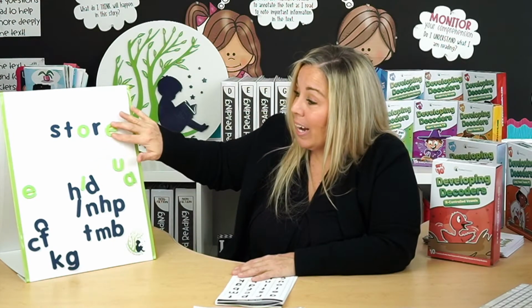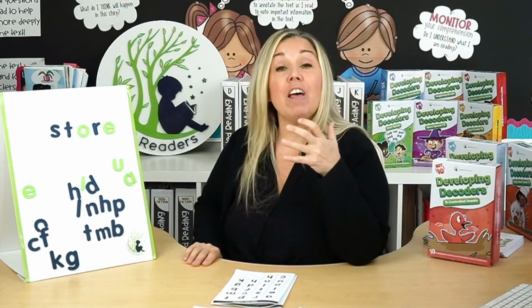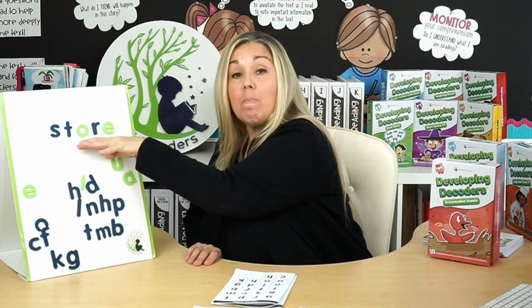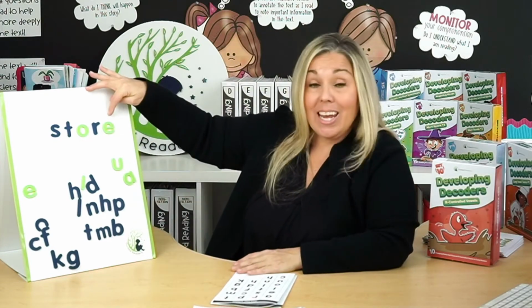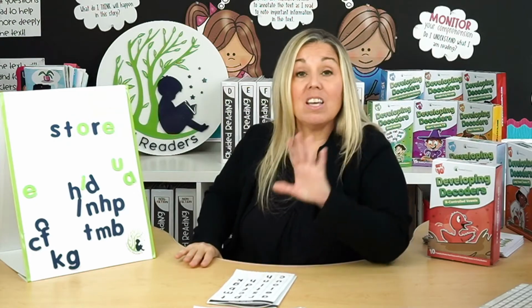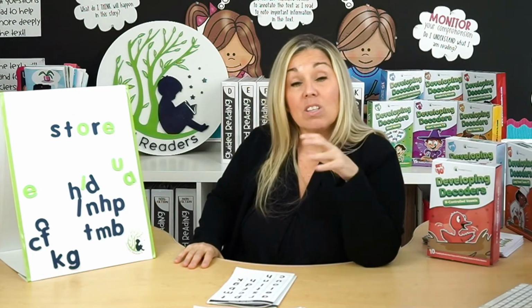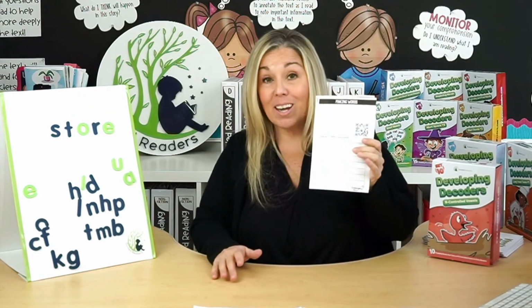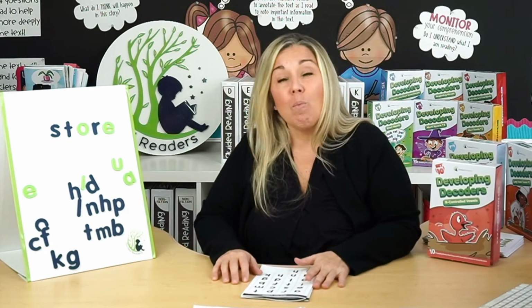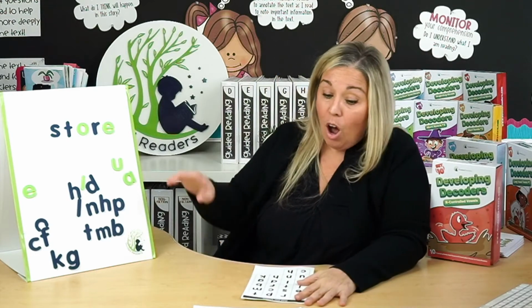We need to bring an E on the end of that Bossy R because O-R-E is also a Bossy R. So O-R-E also makes the OR sound. Let's write down store on our sheet. Great job. I'm so proud of you. Way to go.